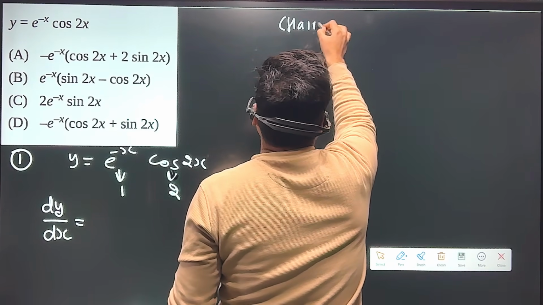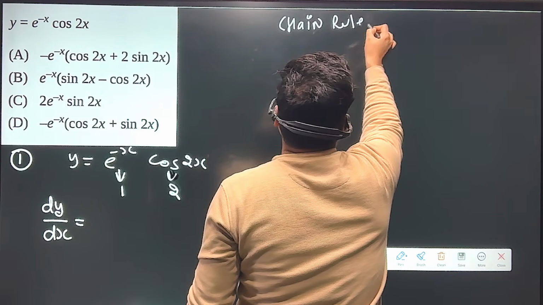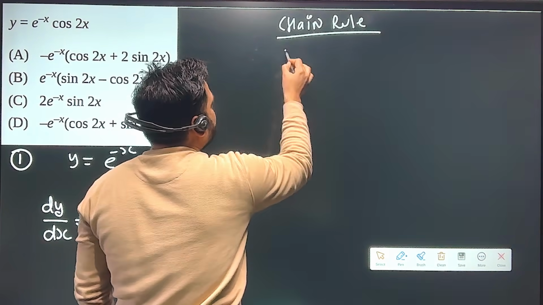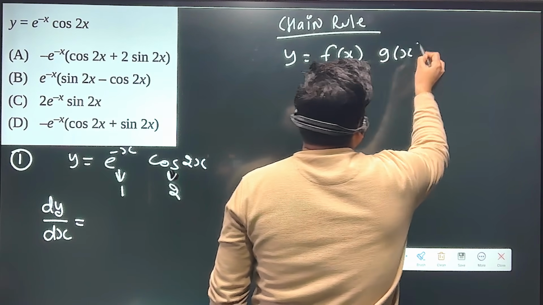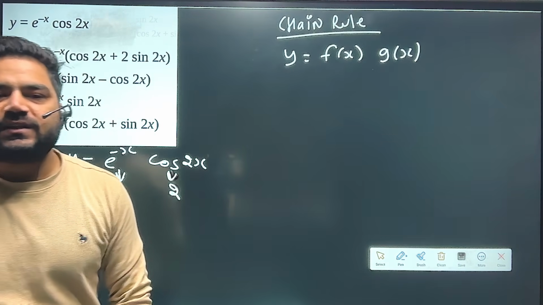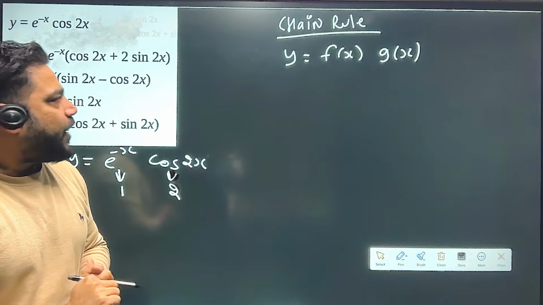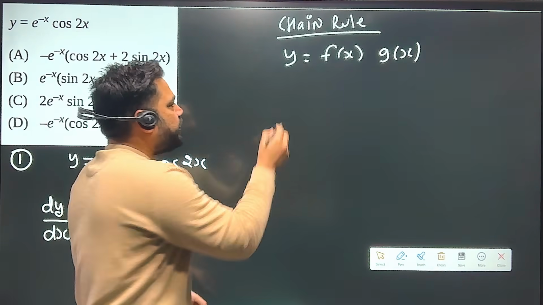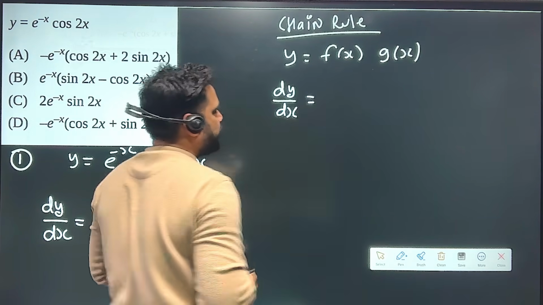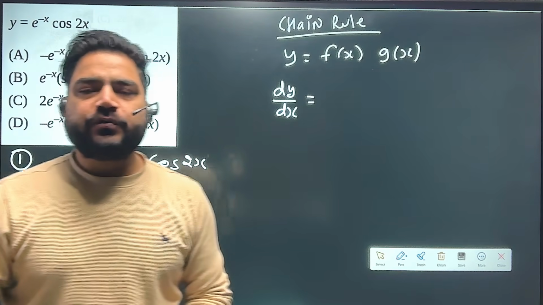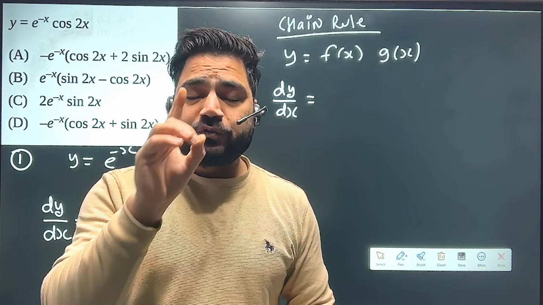The chain rule means we have to differentiate all the functions. For example, suppose we have two functions, f(x) and g(x). How do we differentiate? When we have more than one function, at one point of time we differentiate only one.